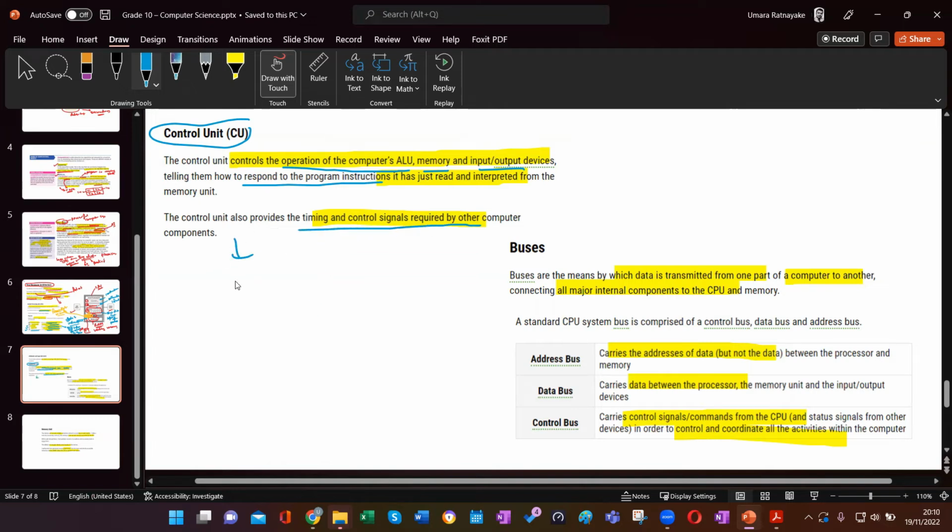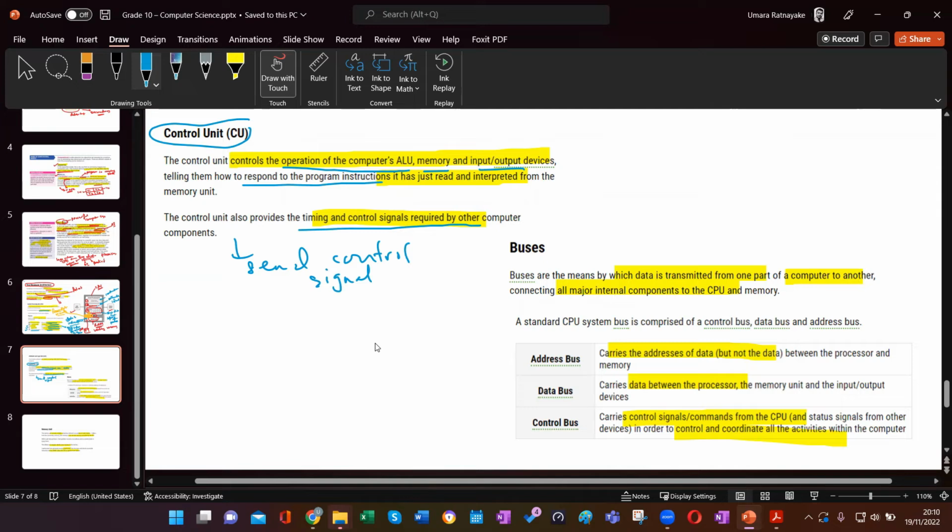This not only coordinates, this will also send. Actually, the coordination is done by means of sending control signals like orders, right? Something like, okay, ALU, start doing the calculation now, right?